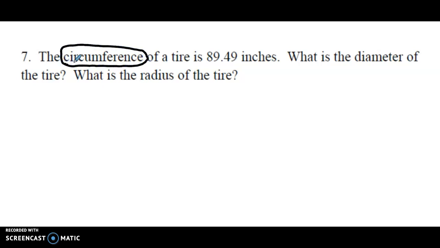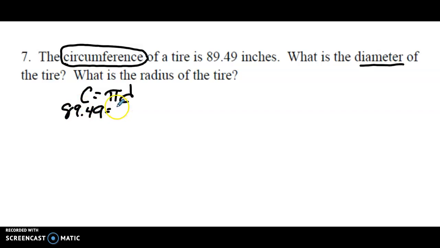And we have two questions here, and what I've been teaching you is just don't worry about the second question, worry about the first one only. The first one says what is the diameter, so we're going to use the diameter formula in this problem, C equals pi d. All right, now we plug in our numbers. Here's what's going to be a little bit different: I actually gave you the circumference, so we know C's value. C's value is 89.49.